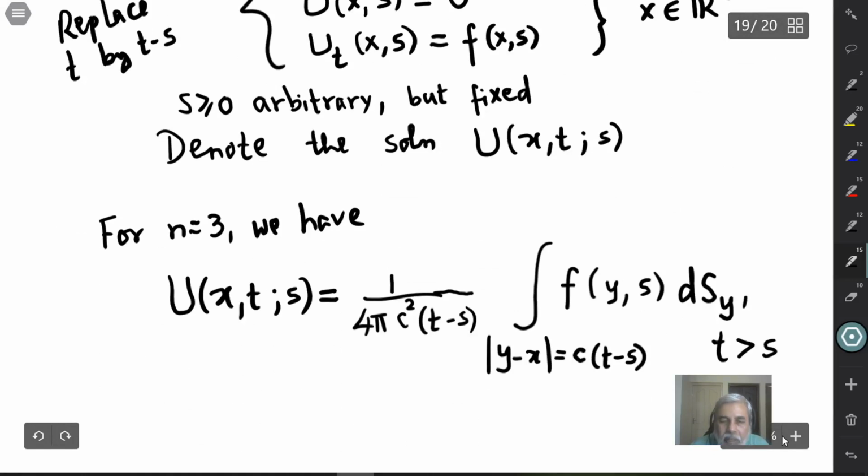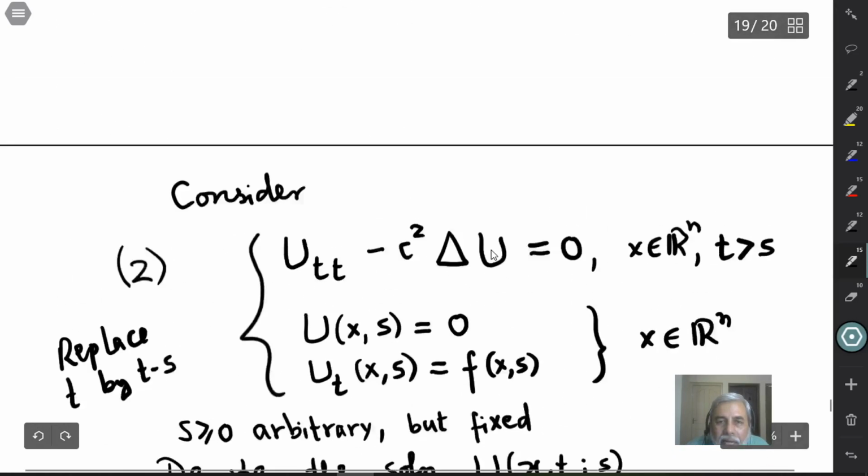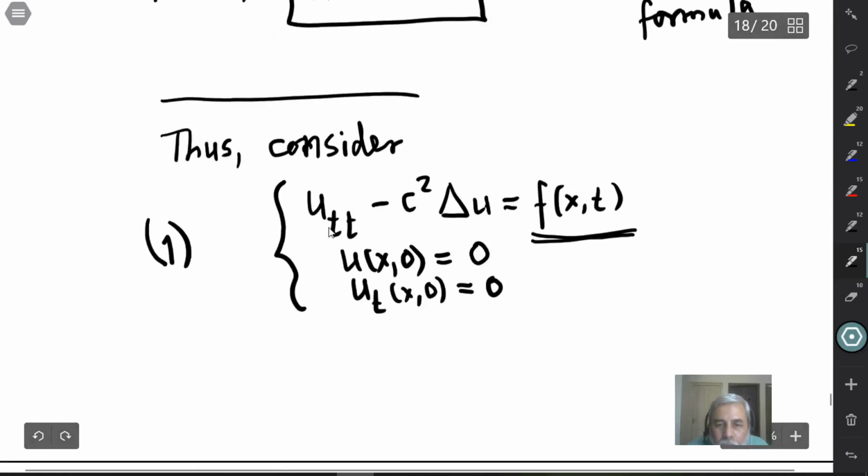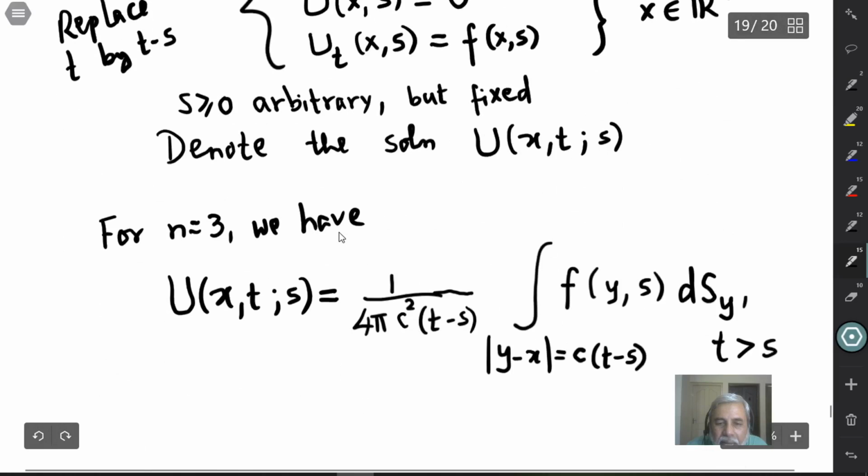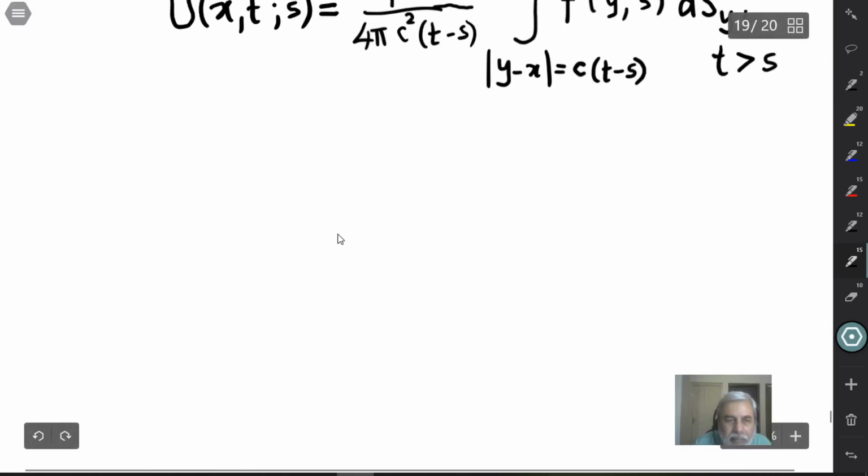Okay, so what is the connection between this big U and our solution small u? Here comes the theorem. This is Duhamel's principle.